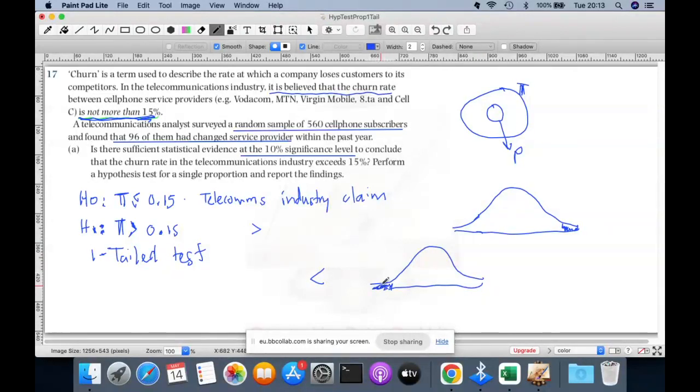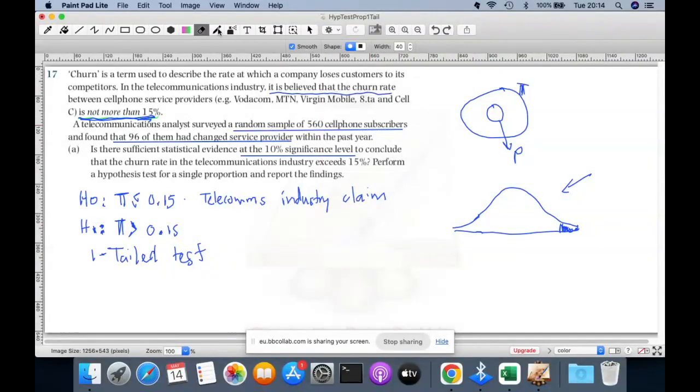It's up to you how you want to remember it, but the important thing is that you do remember and figure out which side the rejection region is. So for our example, this is the diagram that you're going to use with the rejection region on the right. Let me erase the bottom.